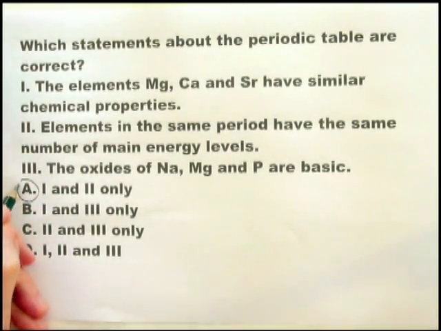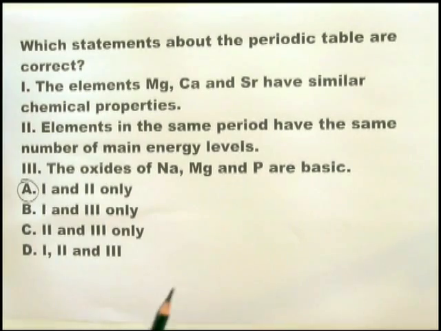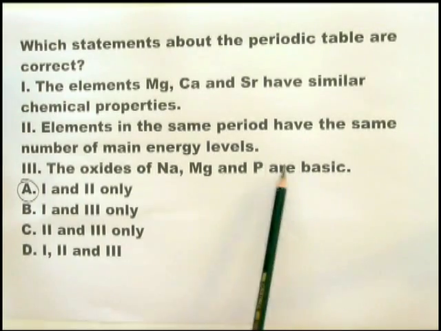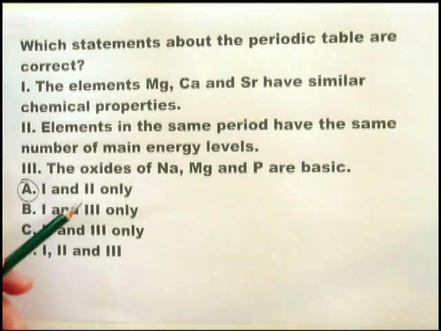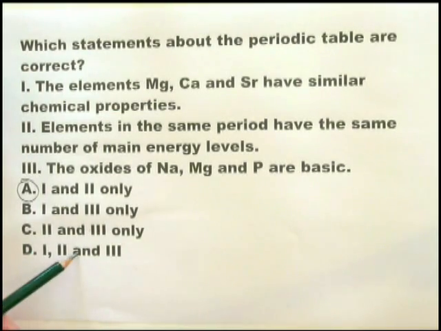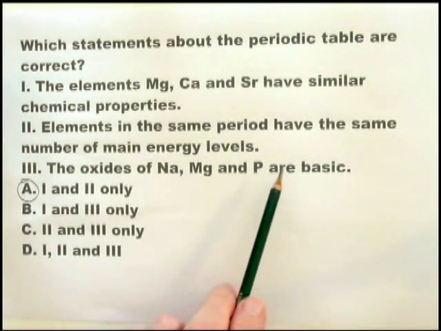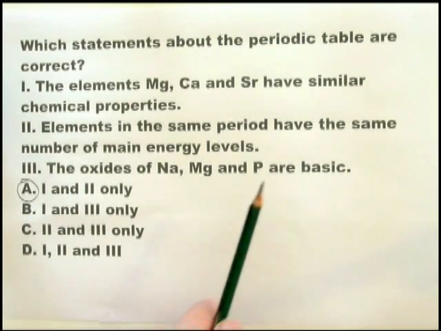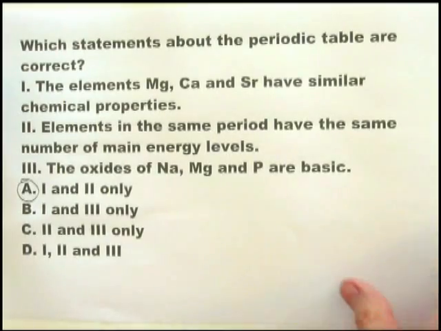Answer is A. Interestingly enough, you could have looked at this one and said the oxides are, no, that is wrong, 3 is wrong, so therefore B is wrong, C is wrong, D is wrong, leaving only A. So this is again a question where there are 2 different ways of getting to the same answer. Either you know everything about all 3 of these, or you see the obvious one that is wrong, and then eliminate the wrong answers.